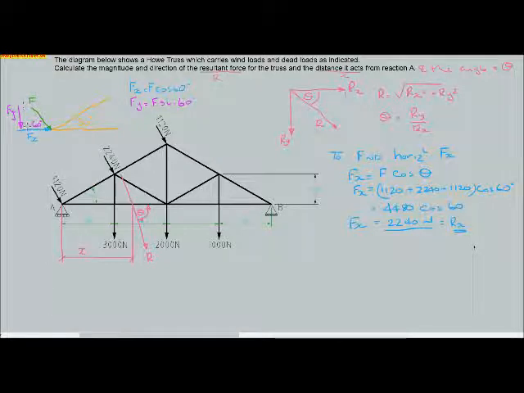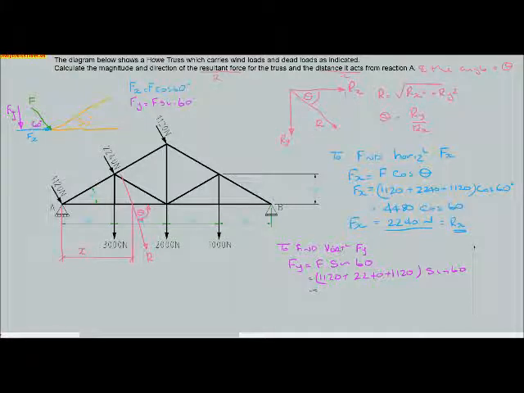Now, to find the vertical components, Fy, I've got to first find the vertical Fy. Fy is going to equal F sine 60, 1120 plus 2240 plus 1120, all times the sine of 60.